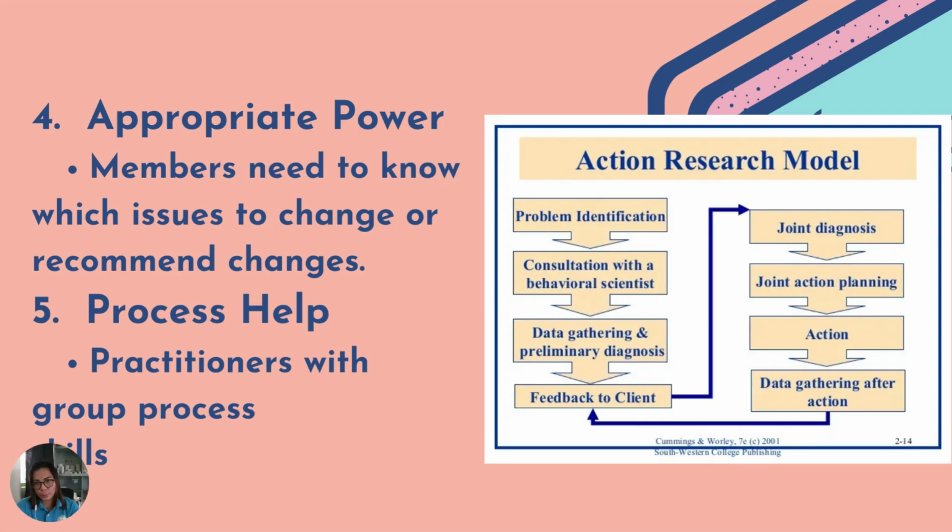Practitioners with group process skills can help members stay focused on the subject and improve feedback discussion, problem solving, and ownership. So as you can see, we have the action research model here.